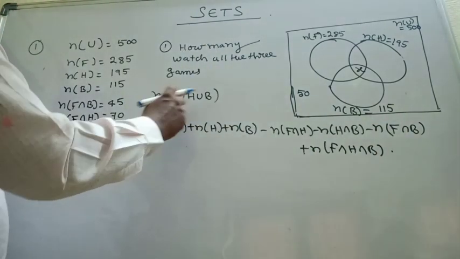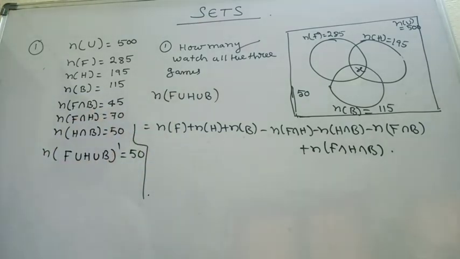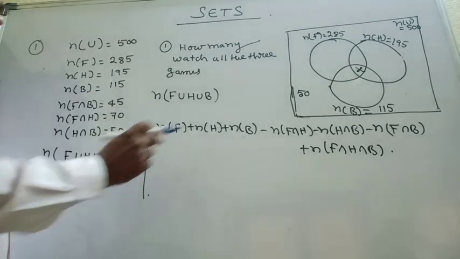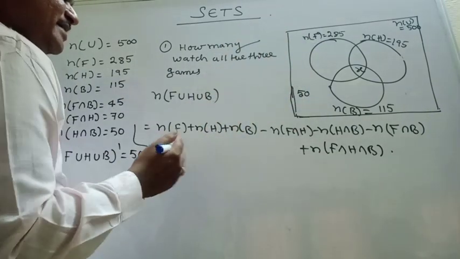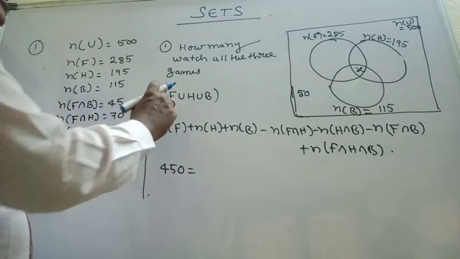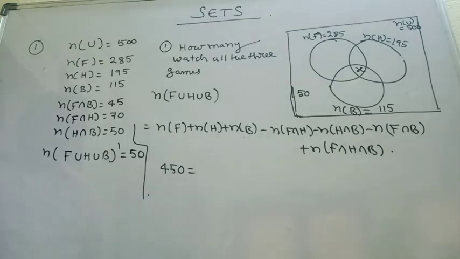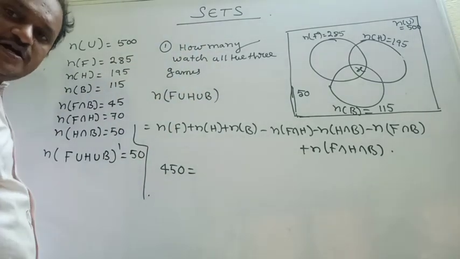Now n of f union h union b: 50 students are not playing any game. Therefore, 500 minus 50 is 450. N of f union h union b equals 450, because 50 are not playing any of the games.